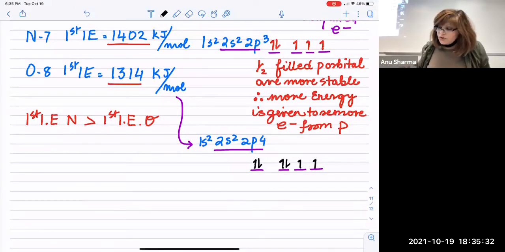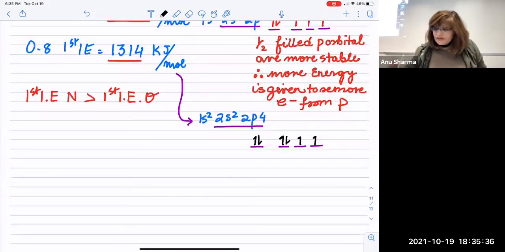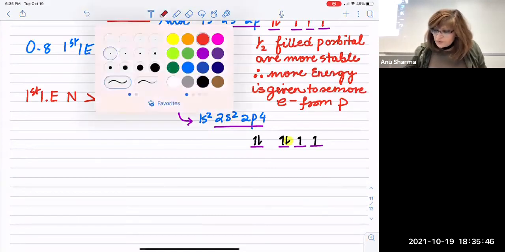We are talking about the first ionization energy, which means removing that one electron. So this electron needs to be removed.